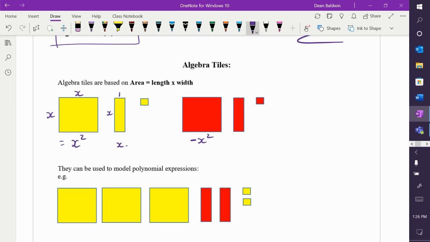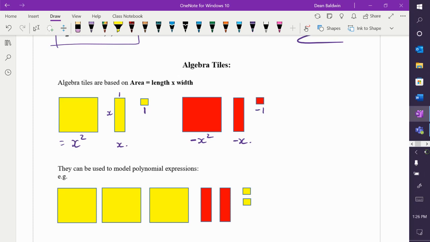A rectangle that is red or dark on your sheet represents negative x. And what do you think this little tiny square represents? 1. And what does this red one represent? Negative 1. That's it.